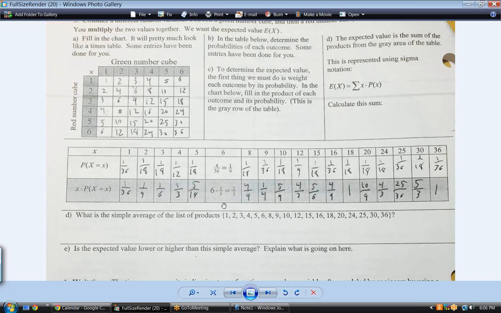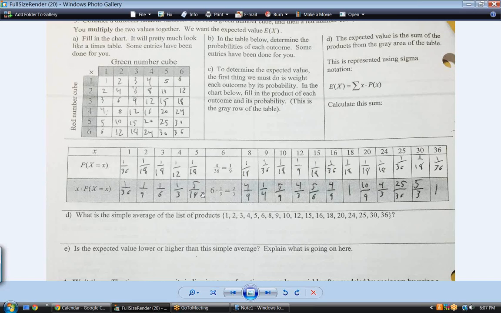So let's think about that for a second. This is going to be a simple average. And this expected value, how is it going to be lower or higher than this simple average?